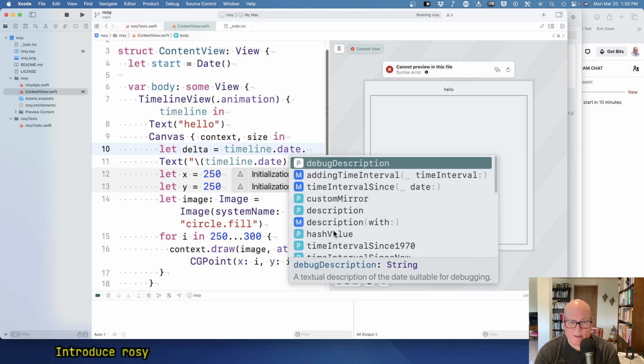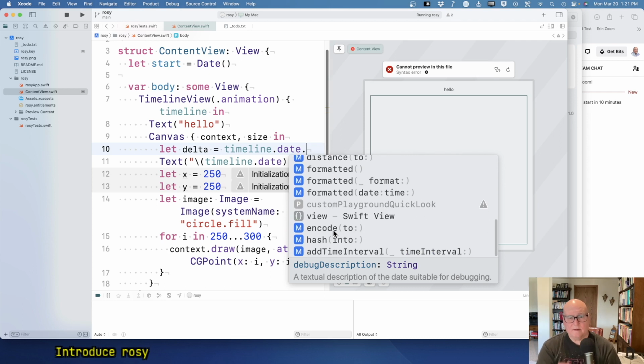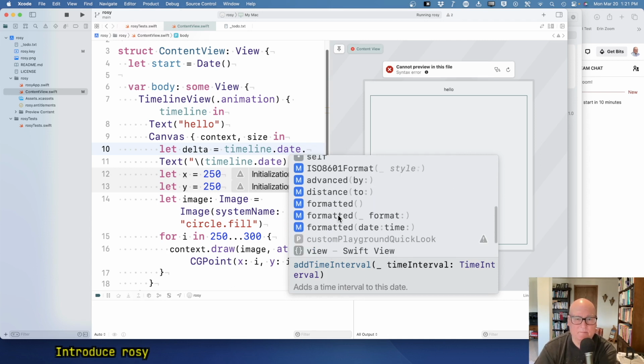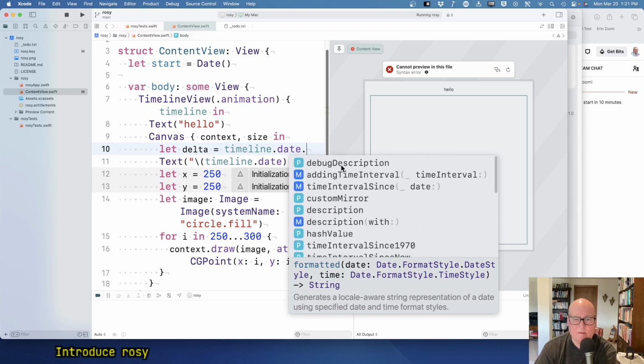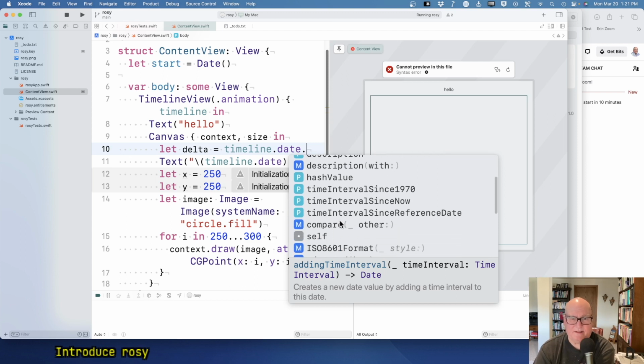I want to compare. None of these looks good to me.